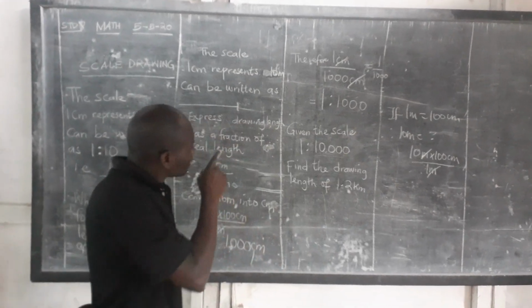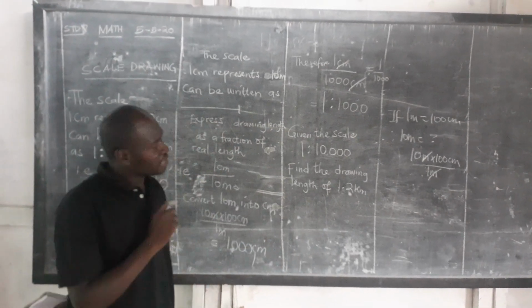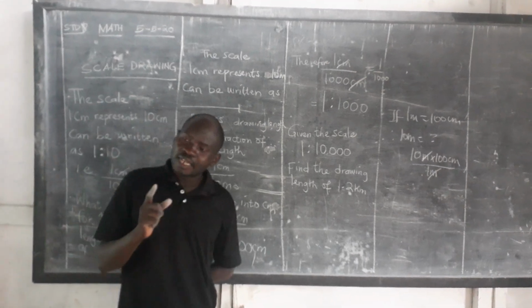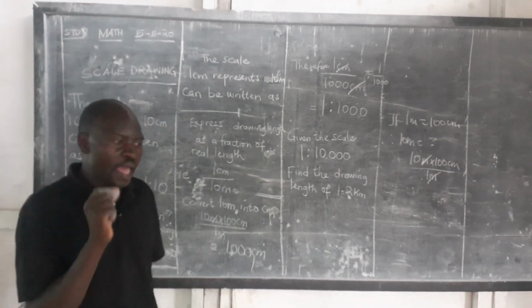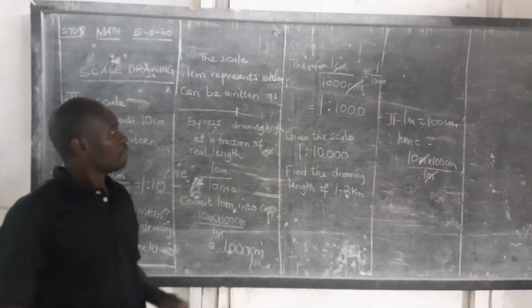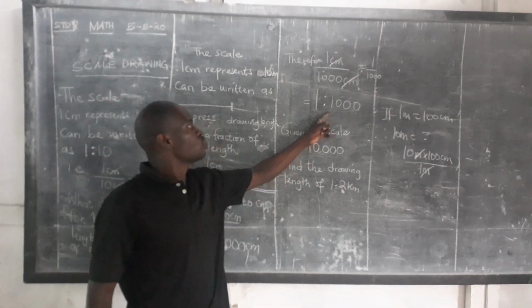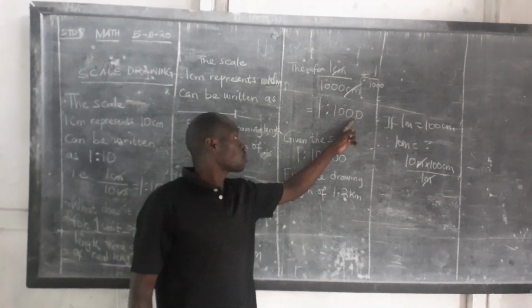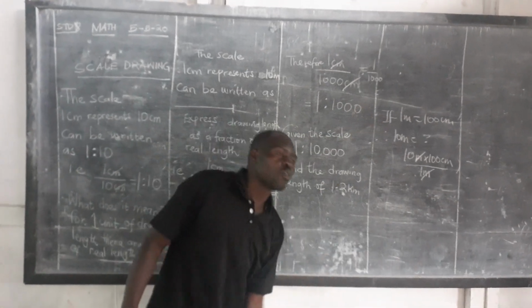So what does it mean? It means that if I have only 1 unit of the drawing on paper, this 1 unit is going to be equal to 1000 units on the real ground.